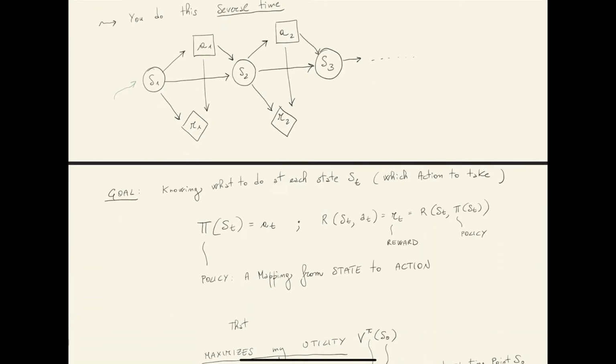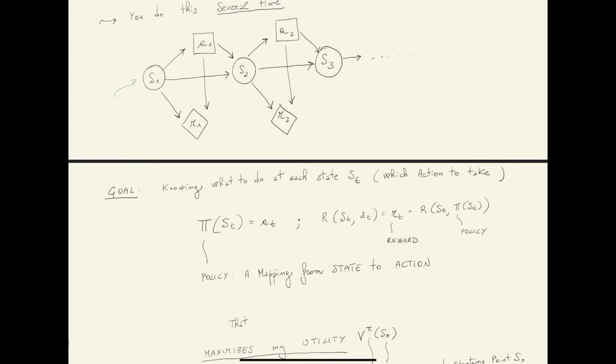Now, what we want to do is know what to do at each state St. Let's say that t is an index that reflects the time step that we are in at the given moment. So at each state, we want to know what the right action to take is in order to maximize our reward.